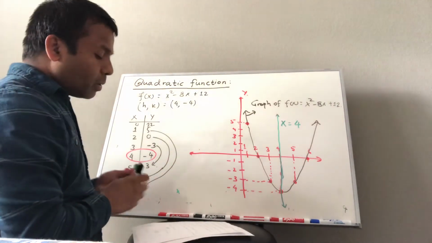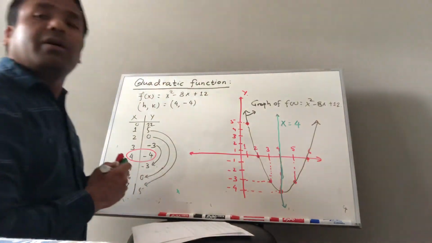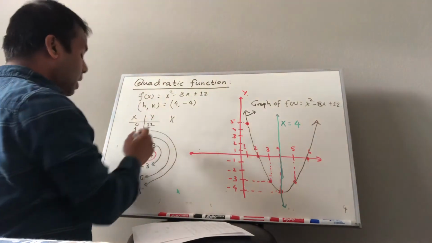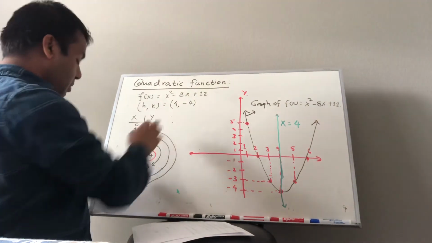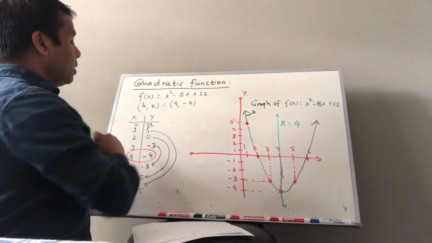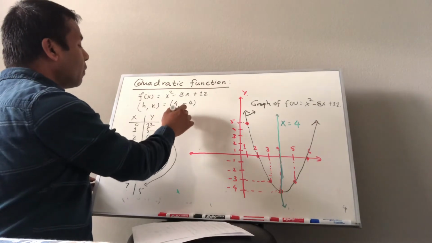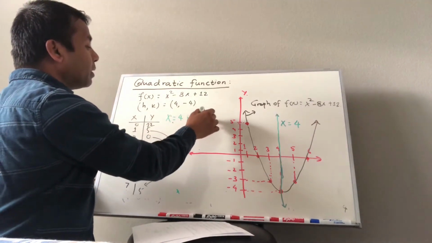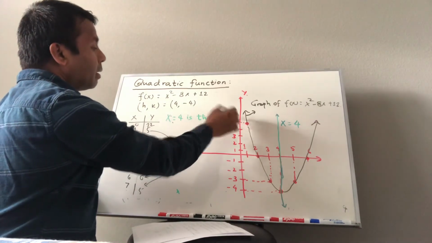This x equal to 4 is called the axis. Let me write it down with the green one. So x equal to 4 is the axis of symmetry.